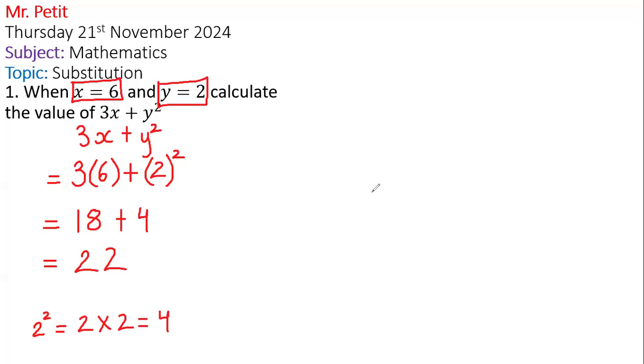So they replace you with another person on the team, or you are the person doing the replacing. So in this case, we replace x with 6 and we replace y with 2, because x is 6 and y is 2.